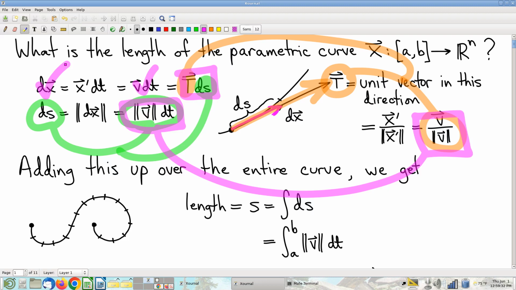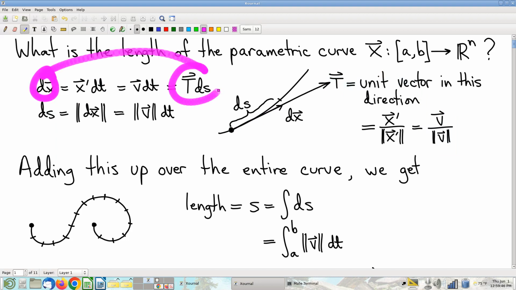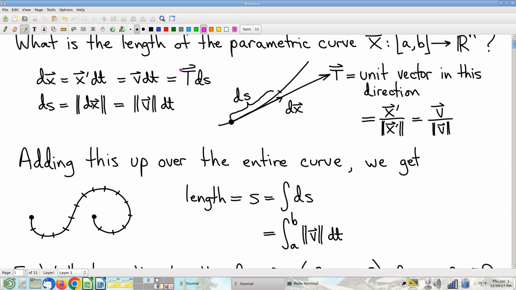This is an alternative way to write the dx vector, and there are going to be moments when this is very useful. Sometimes it's going to be super convenient to write dx as x prime dt, but other times it'll be super convenient, in fact kind of critical, to write it as T ds. So now it's kind of all over but the shouting.